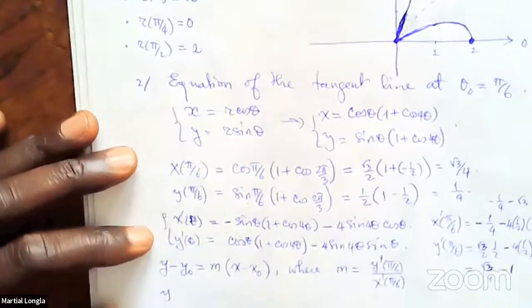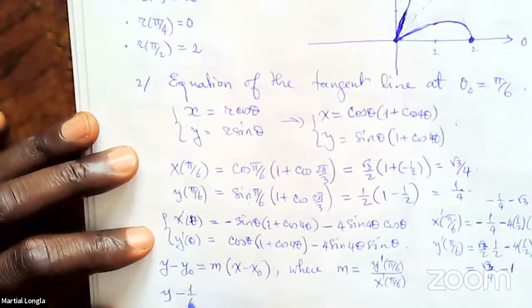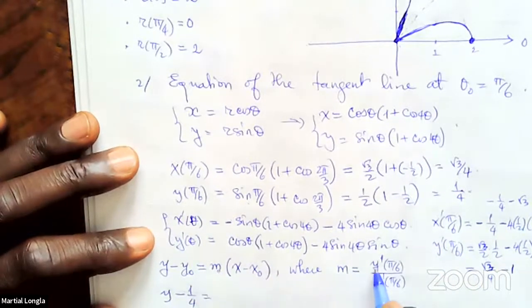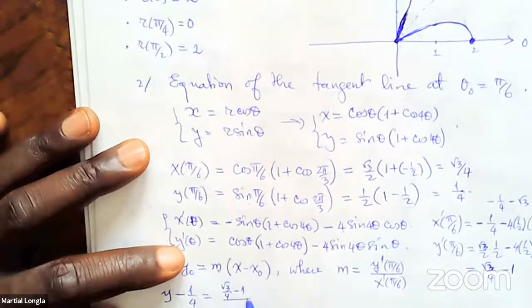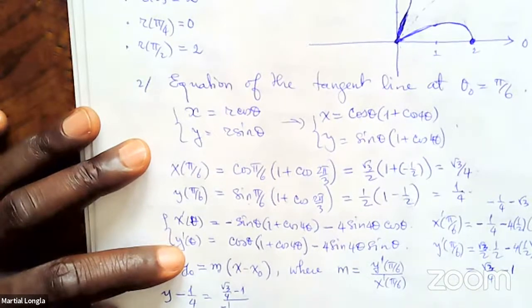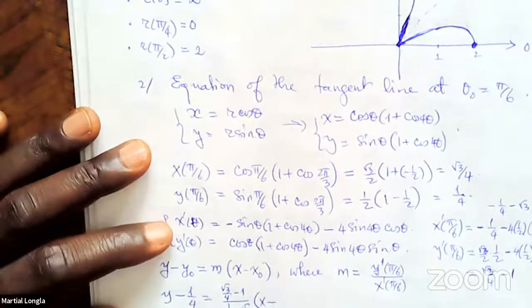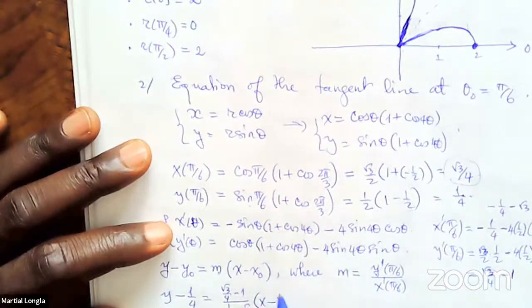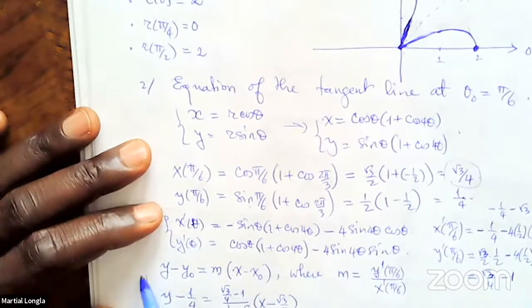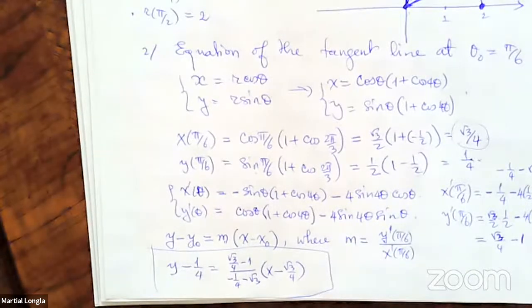So y minus 1/4 equals m, which is root 3 over 4 minus 1 divided by minus 1/4 minus root 3, times x minus root 3 over 4. And you can simplify from that point if you want. It's not something that you must do.